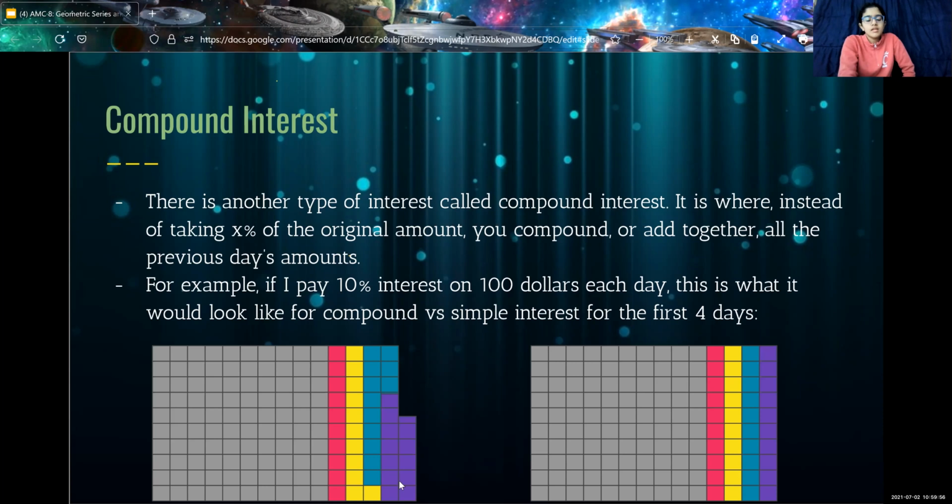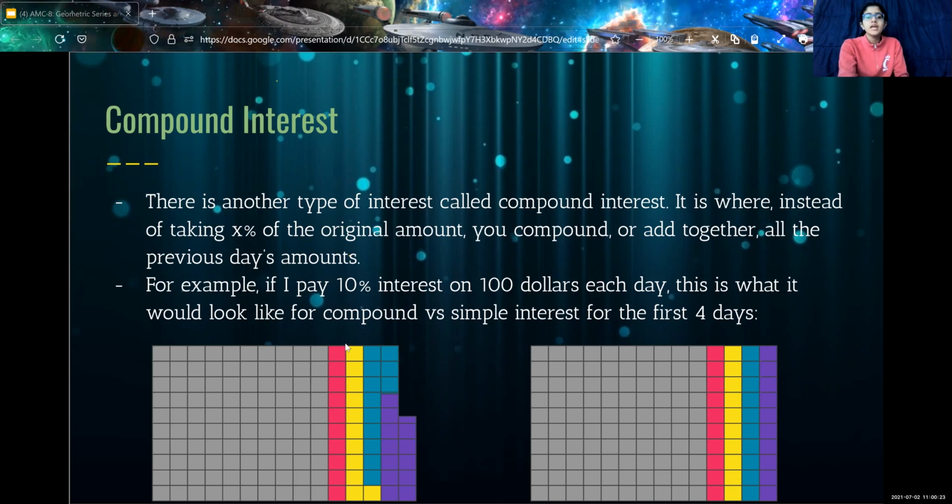So for example, for this $10 thing, we are taking 10% of how much I owe total right now. At the 100, when I owe $110, that means we are taking 10% of that $110 when we're finding the interest.